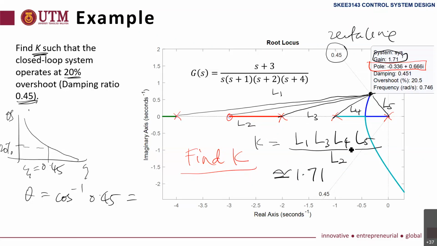Perhaps you get 1.7, 1.6, something like that. Any question? Are you okay with this?